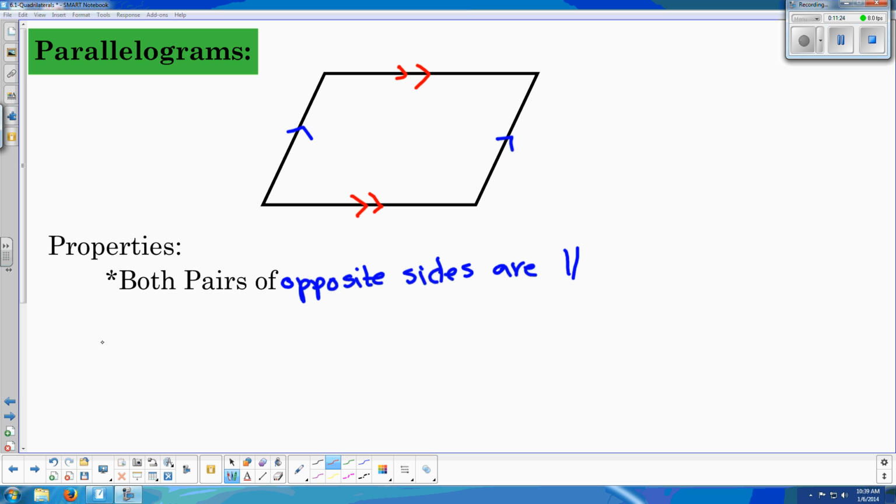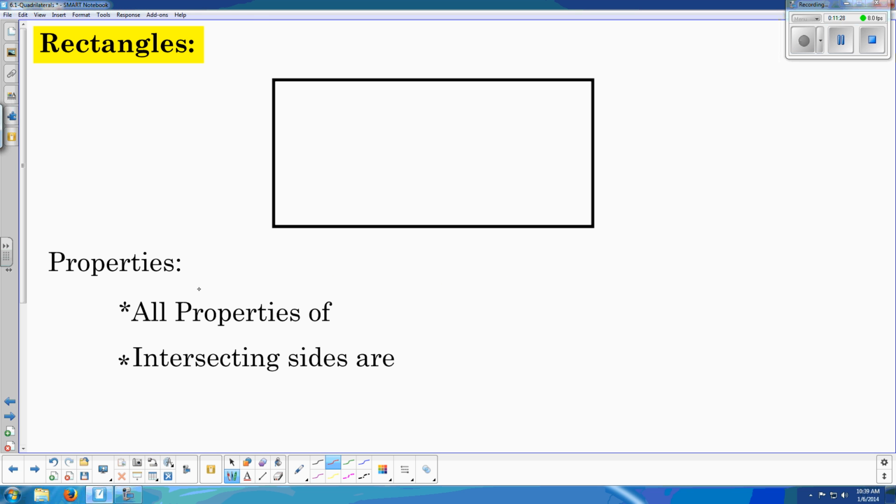Okay, now, moving on to our second quadrilateral, which is a rectangle. Now, a rectangle uses all of the properties of a parallelogram, which means that we have two pairs of parallel sides that are opposite of each other. So this side is parallel to this side, and this one to this one.